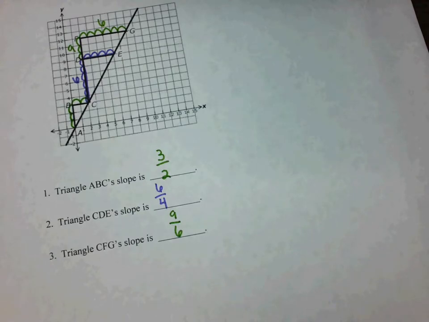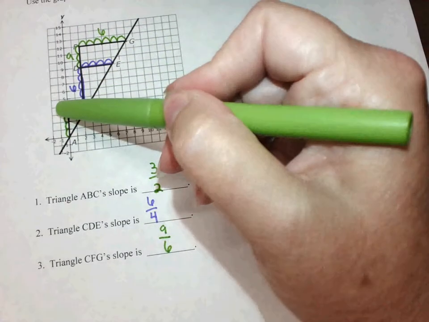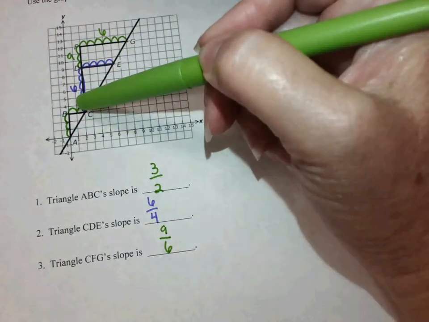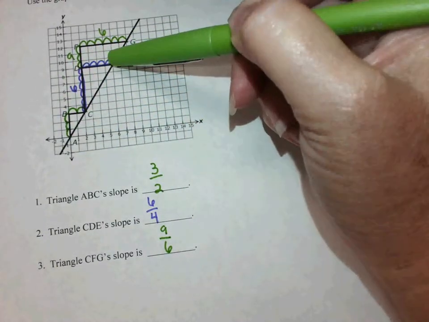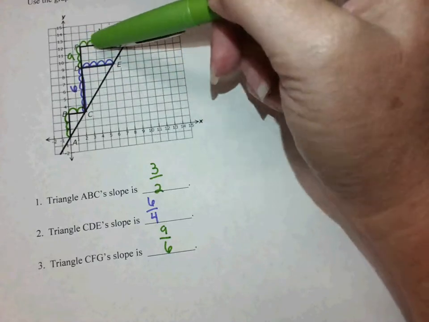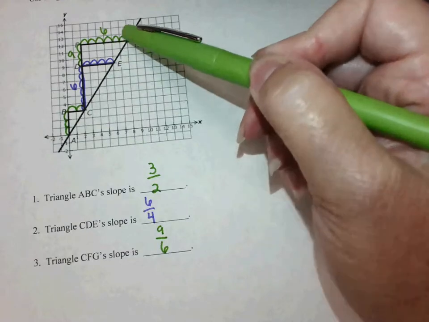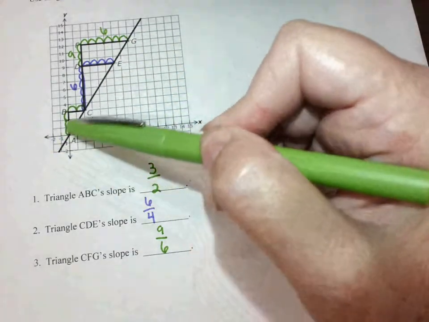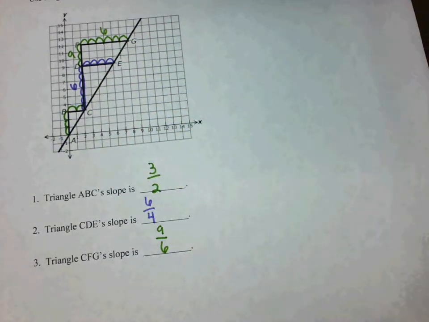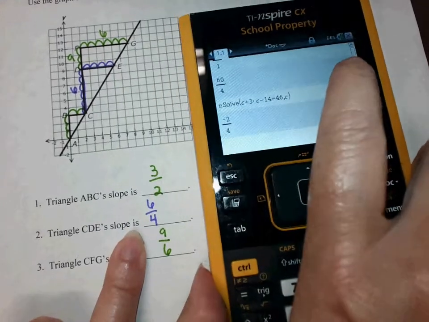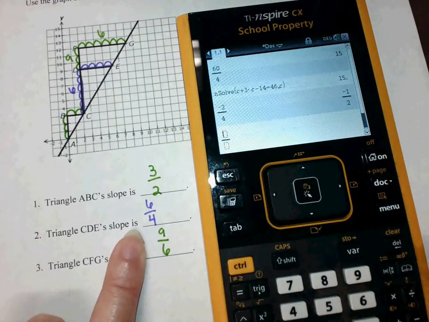Okay, and remember we said that the vertical over the horizontal should be the same for all three because they share this same line that is a straight line. There is a constant slope there. So let's see what happens if I do 6 over 4 in my calculator and hit enter.